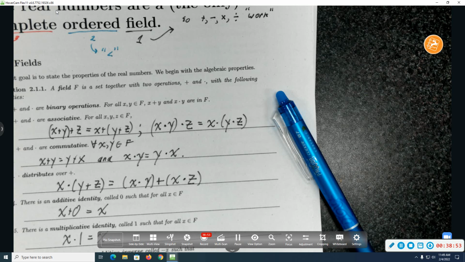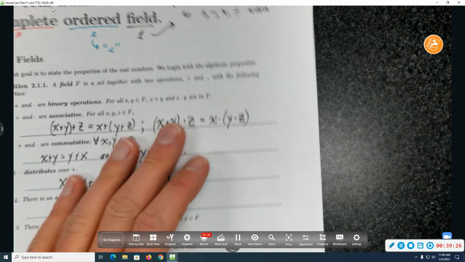An if-then statement with a false hypothesis is automatically true. It's definitely true that if I am a purple unicorn, then I'm green. That's a true statement. There are no purple unicorns, so every purple unicorn is green. Same thing here. There's no element of this field that's non-zero, so absolutely everything is true about every non-zero element of this field. That's what I meant by vacuous. There's nothing to check.